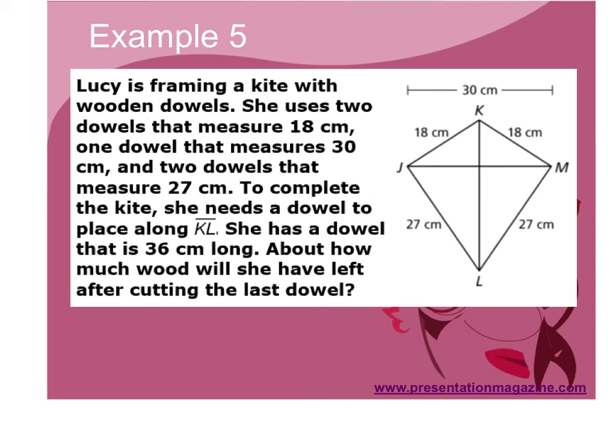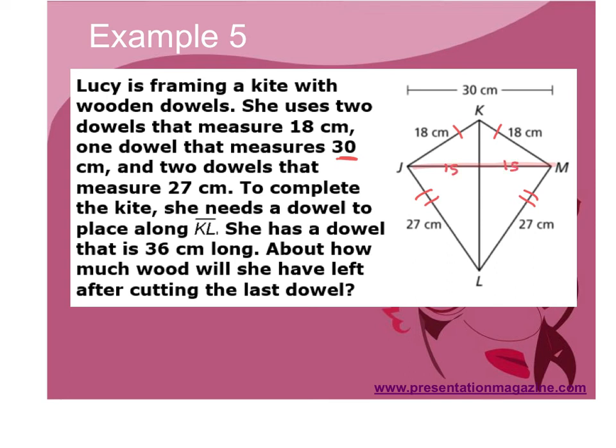So the 18 and the 27 are forming these outside edges of your kite. Then the one that measures 30 is going to be this stick that's in the middle here. So we can see that there's going to be 15 on this side and 15 here.